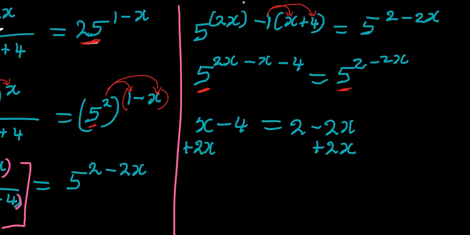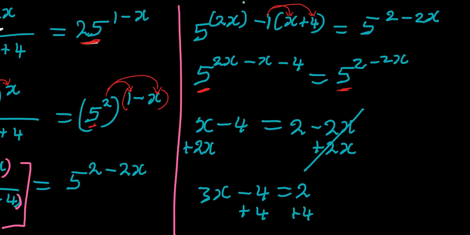So when you do that, negative 2x plus 2x will cancel out, and x plus 2x is going to give us 3x minus 4 equal 2. Since we have a negative 4 here, we can add 4 to both sides.